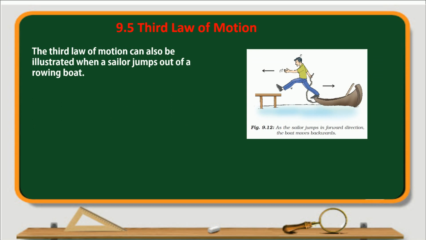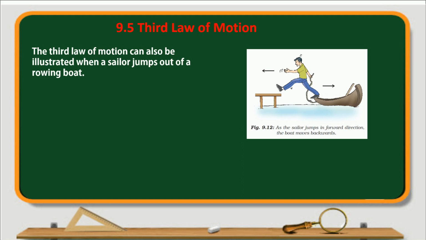Another example we can see: when a sailor is moving out of a boat, you can see that the boat will move backward. Understand? Why? If we do not get out of the boat properly, obviously we will fall. Why is it happening?